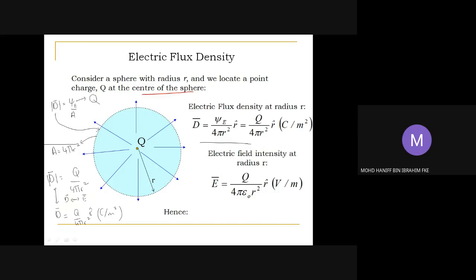It means that at any point on this spherical surface of radius R, the flux density that can be calculated shall be equal to Q over 4 pi r squared, direction of R. This is the equation of flux density D.